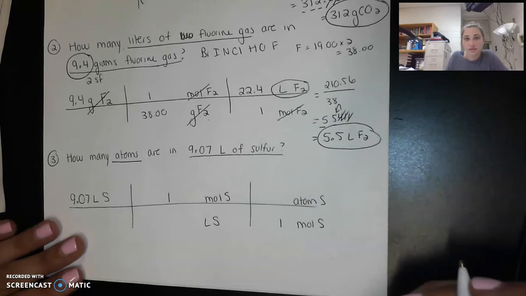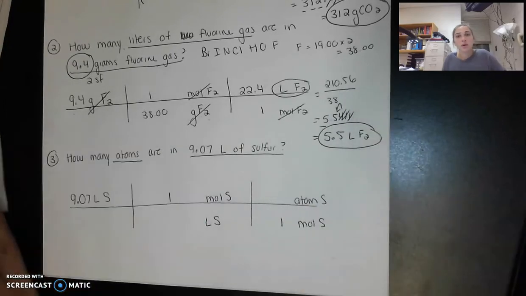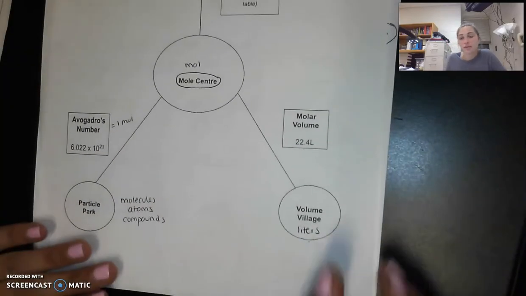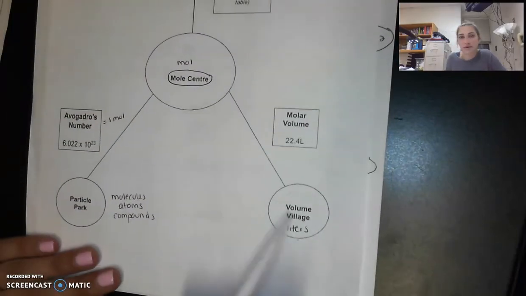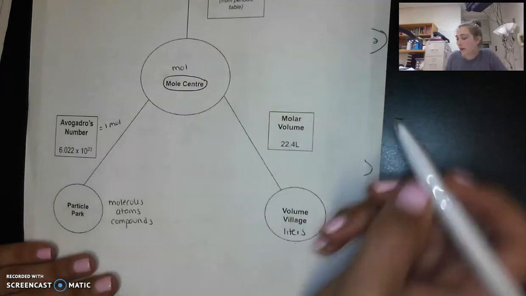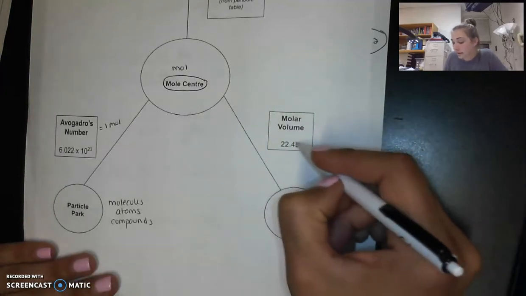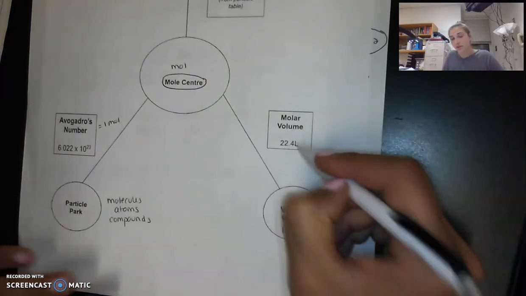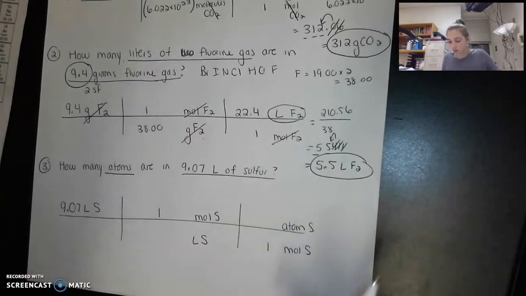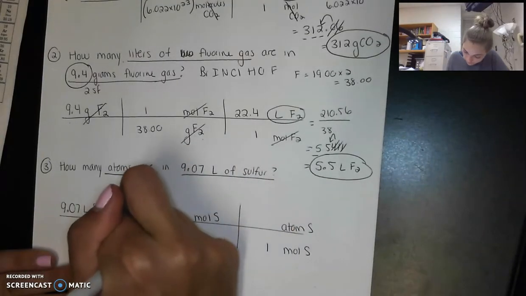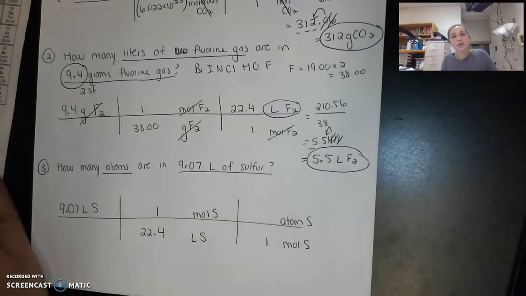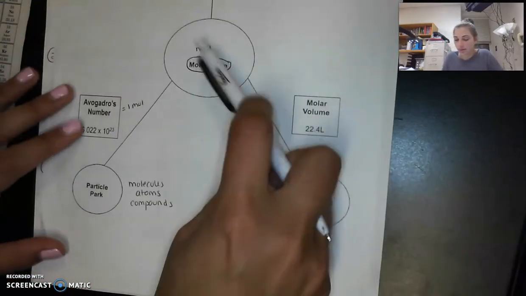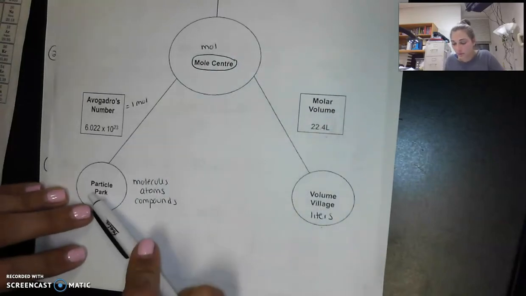Because that's what I compare everything else to. Now, when I go from liters to moles, I'm going from here to here, and what I'm doing is using the molar volume, because 1 mole is equal to the molar volume. Okay, now I have to figure out what's the equivalence when I go from moles to particles.